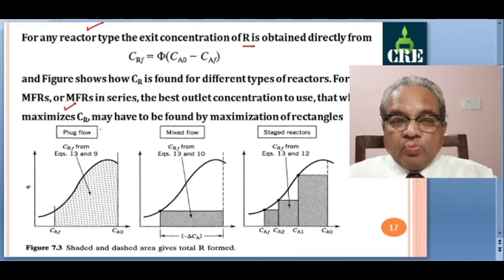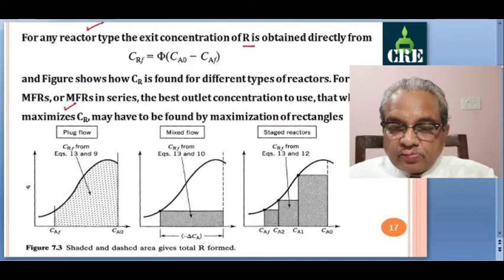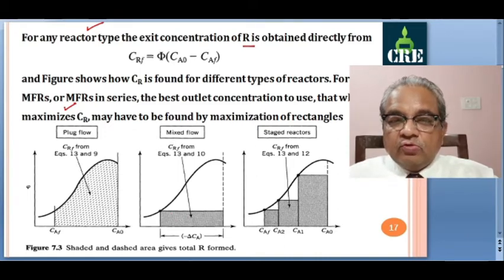will give you CRF for plug flow. For mixed flow, this is delta Ca, that is Caf minus Ca0, or Ca0 minus Caf. This is the higher quantity, this is the lower quantity. If you say Caf minus Ca0, this is minus delta Ca. From the exit concentration, you draw this horizontal line, and the area of this rectangle will give you CRF.